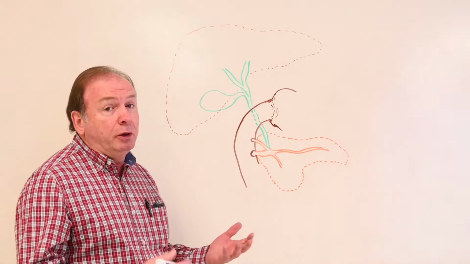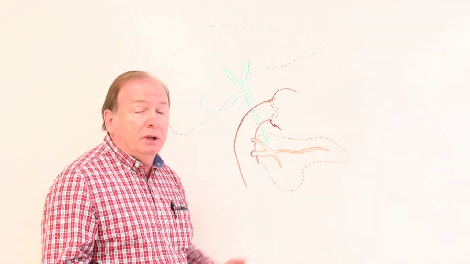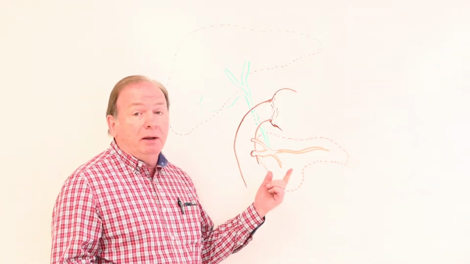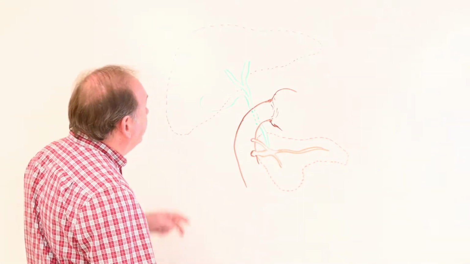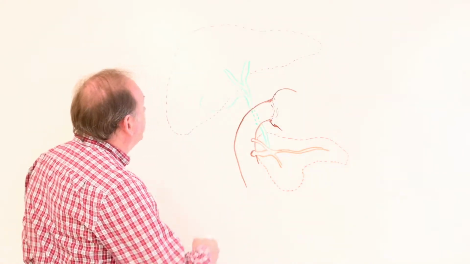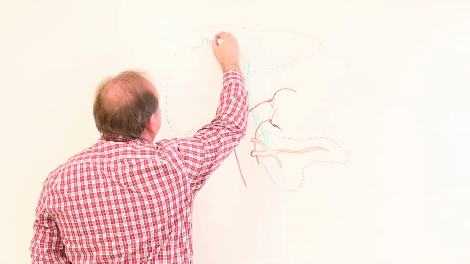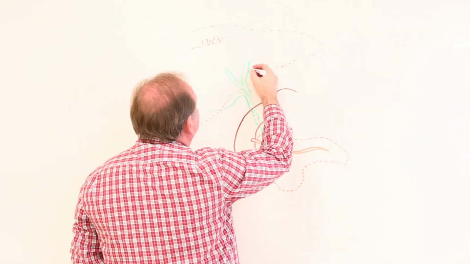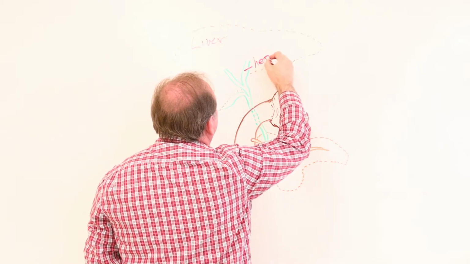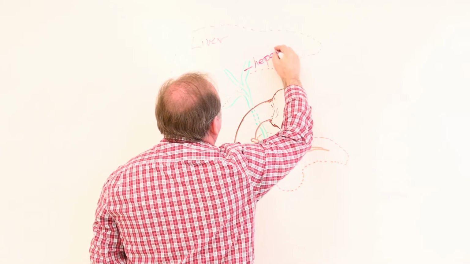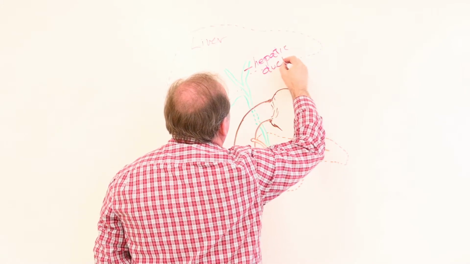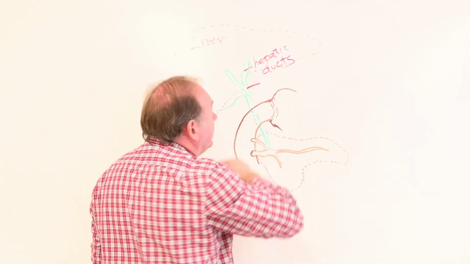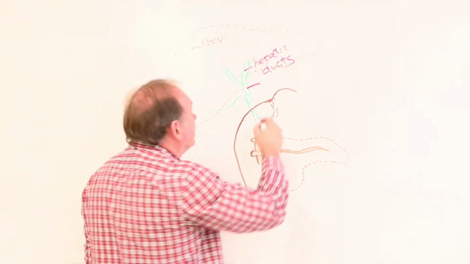Okay, this is a final look at the ducts of the biliary system. So here's the biliary system. We just need to label all of the passageways in all of this. We have the liver in a dotted line up here, so we know this is liver. And the liver produces bile that comes down through hepatic ducts. Sometimes that last hepatic duct right through here, they refer to as a common hepatic duct.